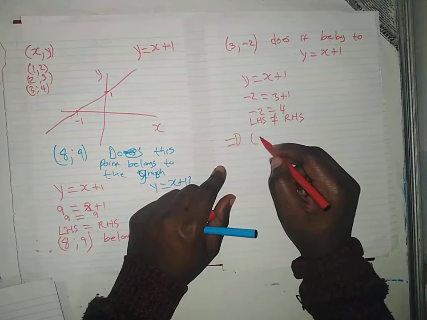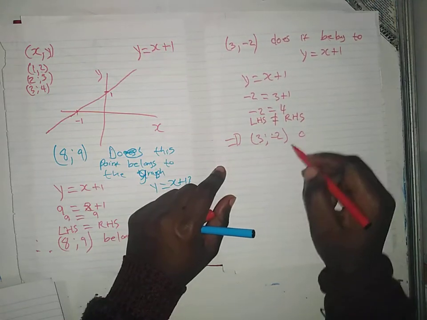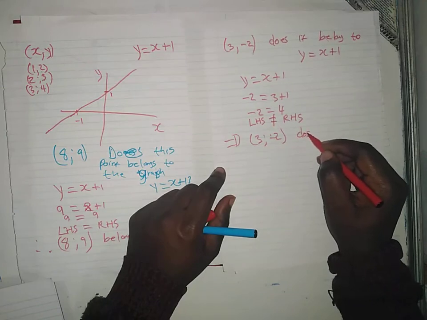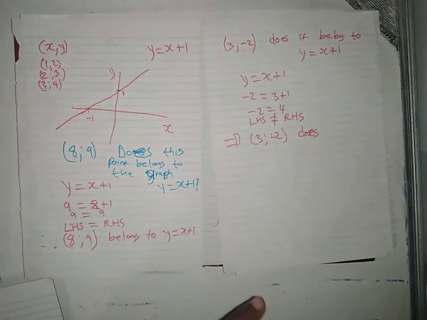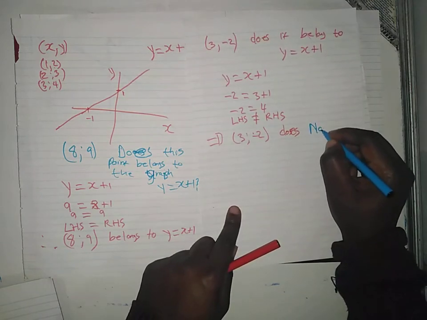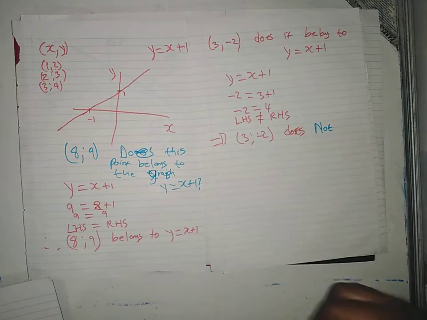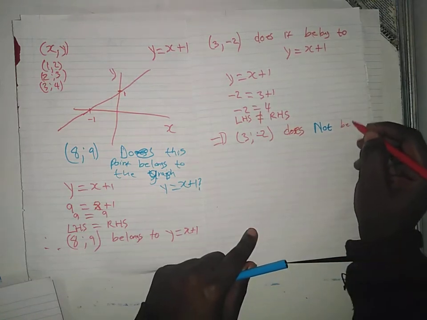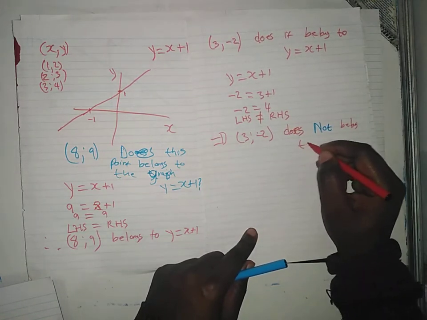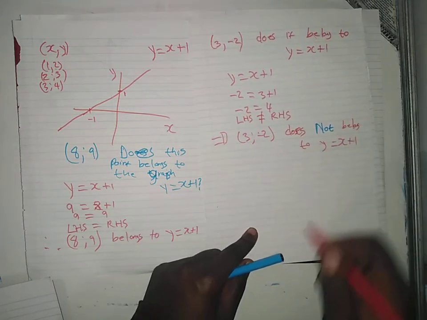It means that 3 versus minus 2 does not belong to y is equal to x plus 1.